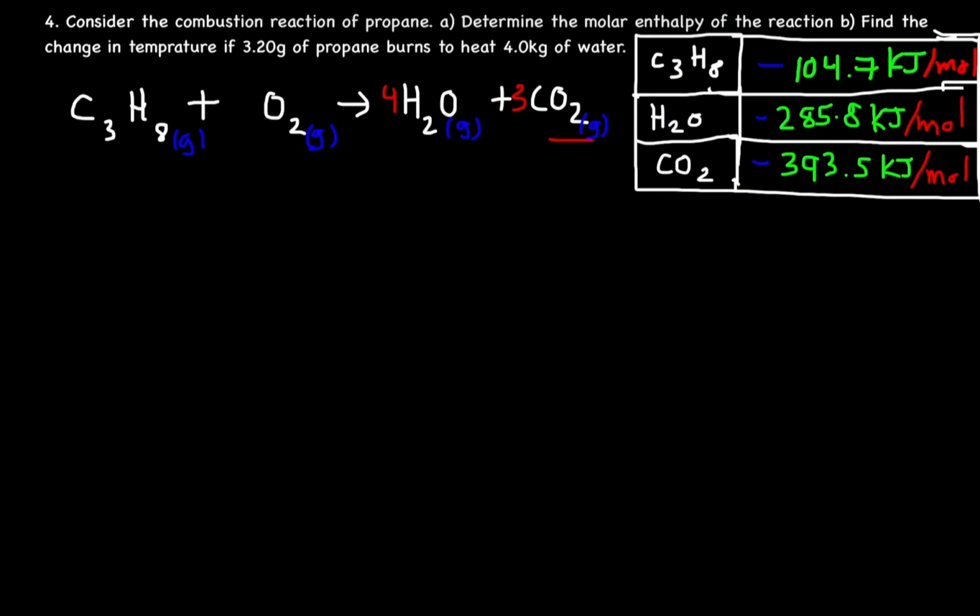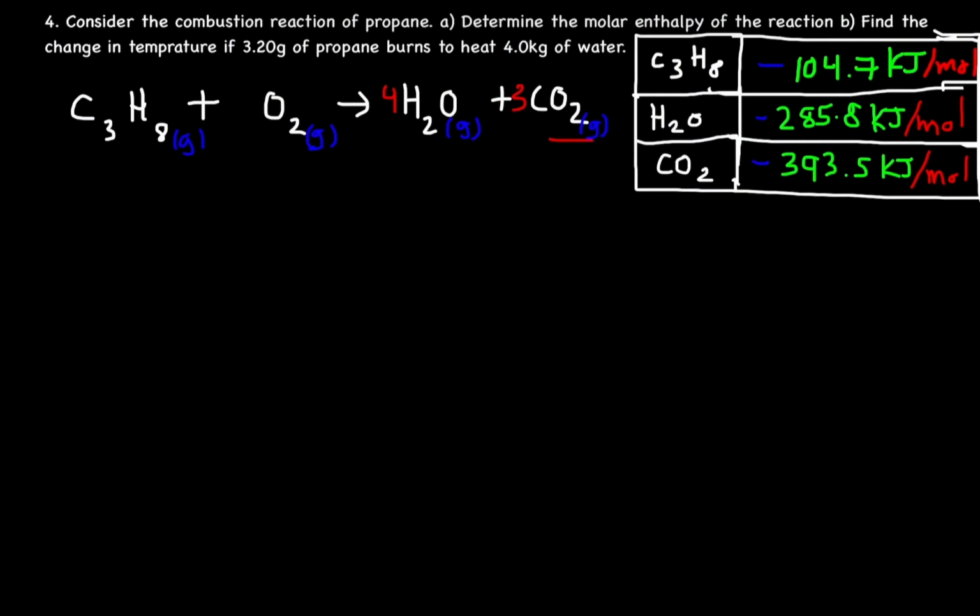There's 3 mole of carbon dioxide times the standard enthalpy of formation of carbon dioxide, which is negative 393.5, and this is only the product side, minus the reactant side.